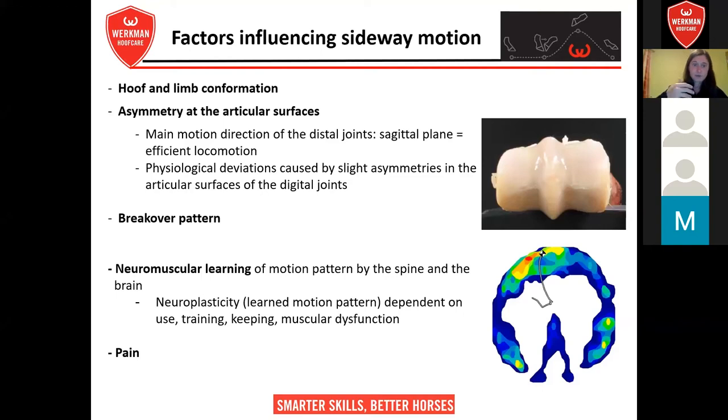Our nerve system and our locomotor system are learning lifelong. So we all learn different motion patterns, and this is shaping also the movement, for example, during swing phase. And one of the most important or most efficient factors influencing the sideways motion during swing phase is pain. In the moment horses have pain, they directly change their motion pattern.